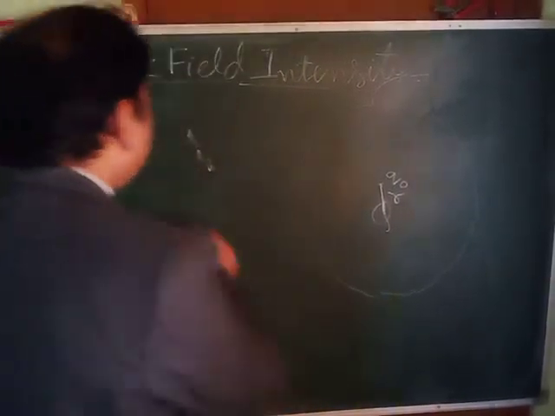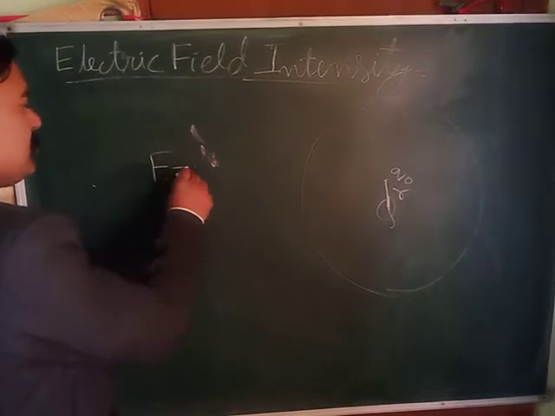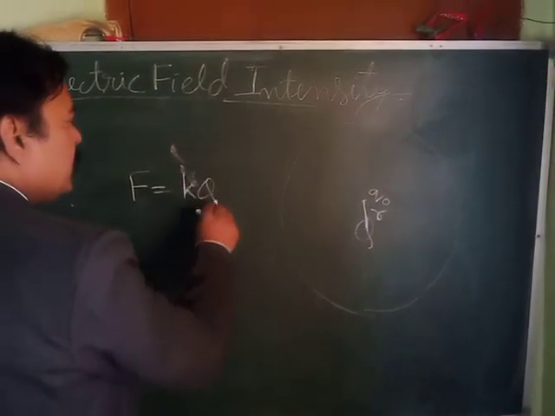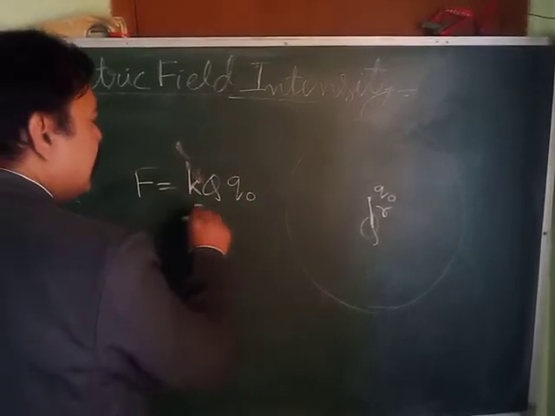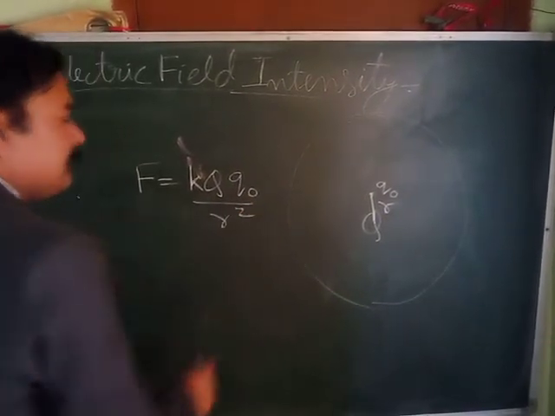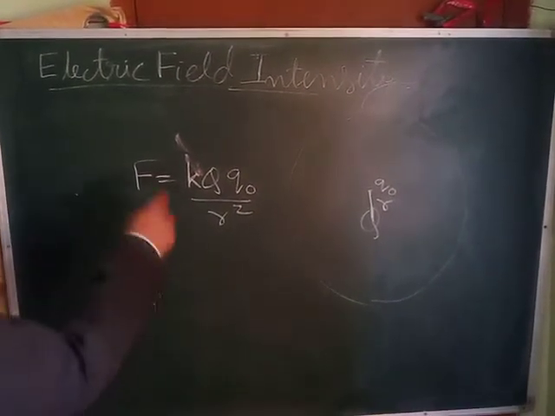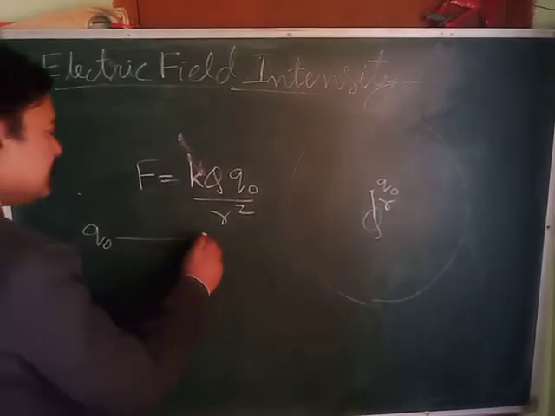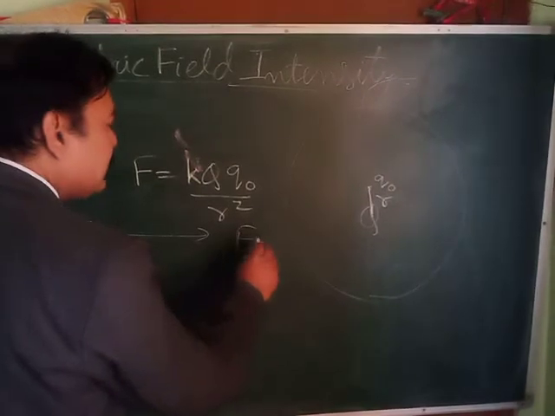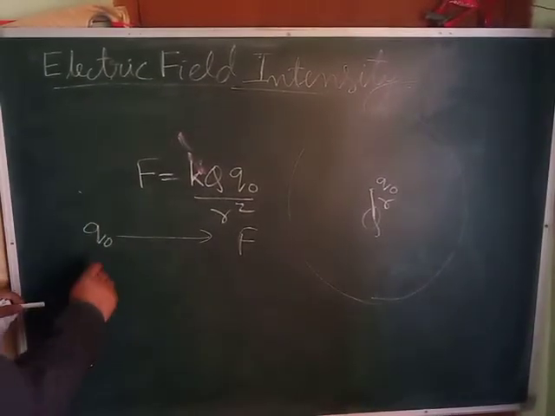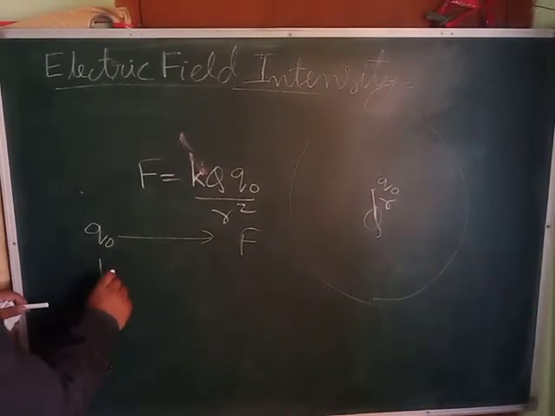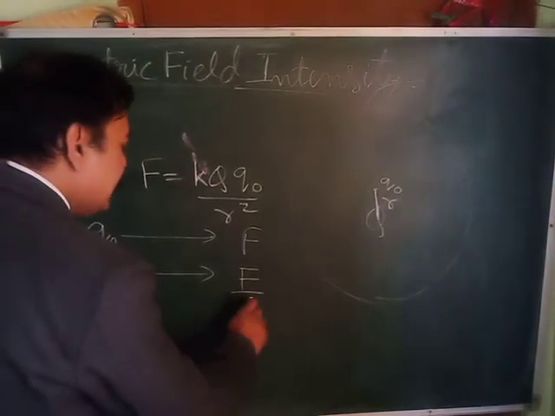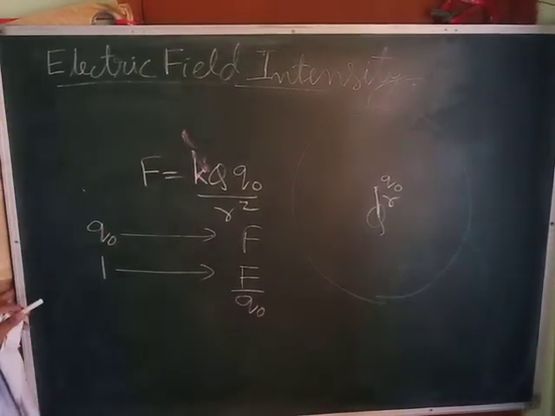The force is F equals K Q q naught upon r square. So when we keep the q naught charge there, it experiences F force. So when we place a unit positive charge there, it will experience F by q naught force.